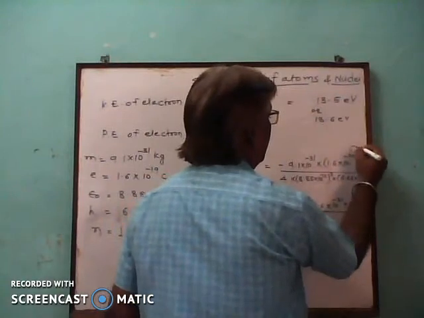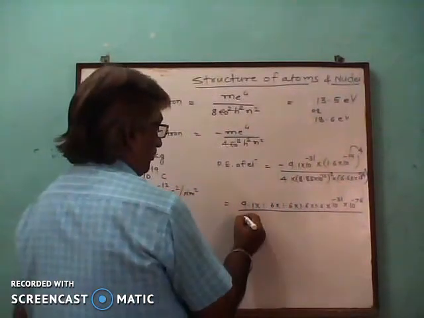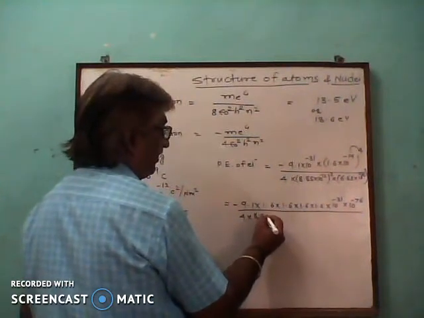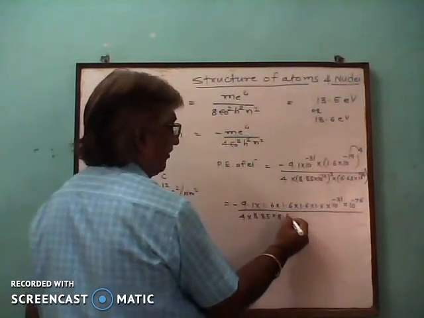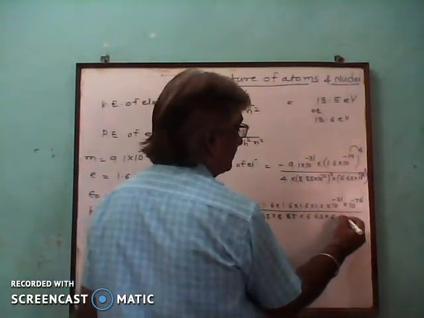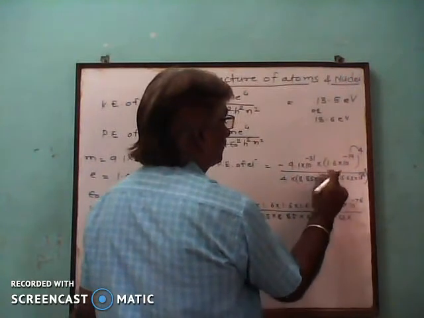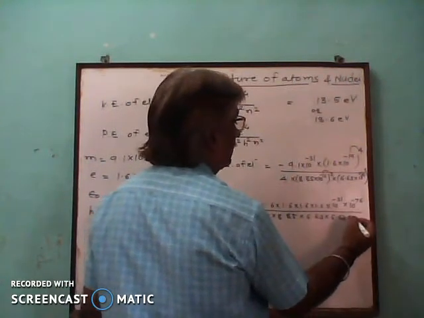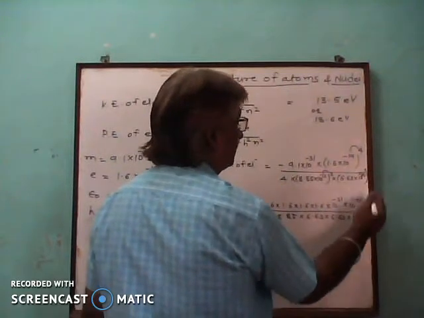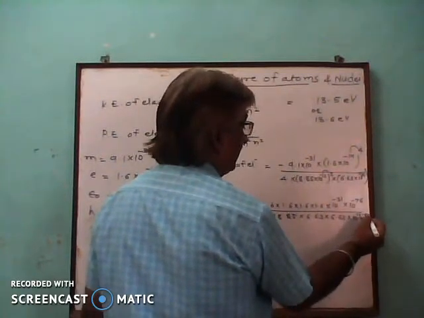Multiplication of 19 and 4. Here, minus 4 into 8.85 into 8.85 into 6.63 into 6.63 into 10 raised to minus 24 multiplied by 10 raised to minus 68.